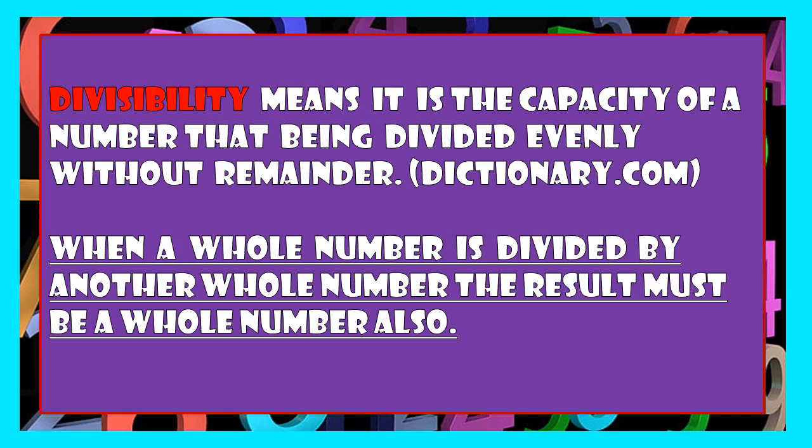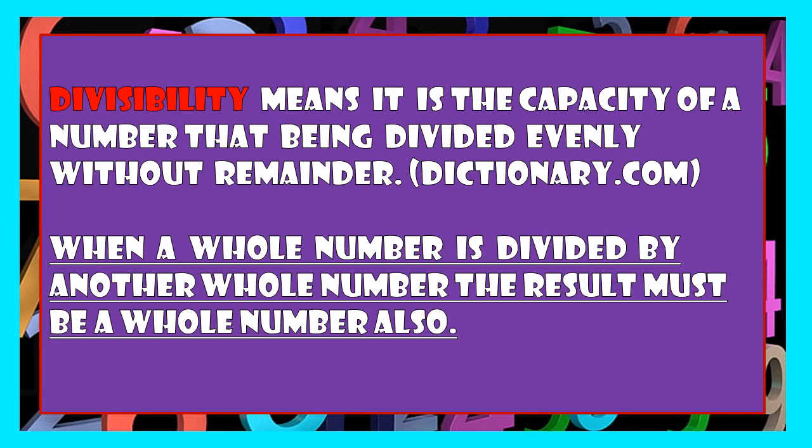So, kailan ba natin nasasabi na ang isang number ay divisible or ano nga ba ang ibig sabihin ng divisibility? Ang ibig sabihin ng divisibility kapag ang isang number ay mahahati ng pantay-pantay na walang maiiwang tira, doon natin masasabi na ang isang number ay divisible.